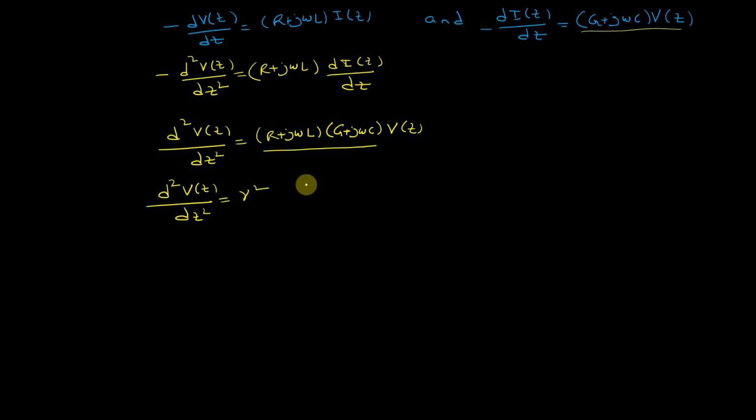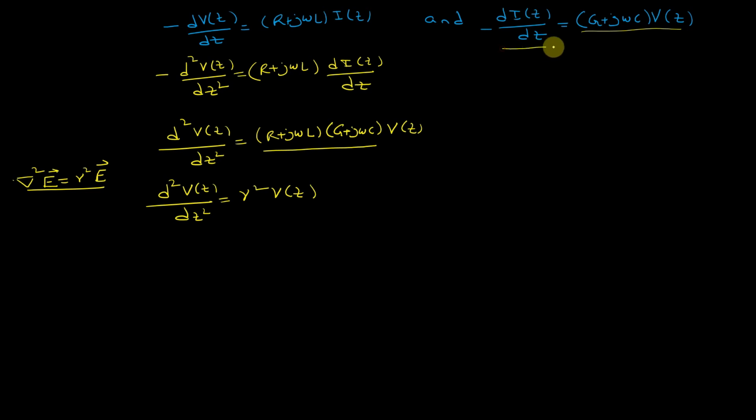This equation is equivalent to the one we already derived, del square E is equal to gamma square E. So this is a similar equation, again a second order differential equation. The solution of this equation will give you the value of V(z).